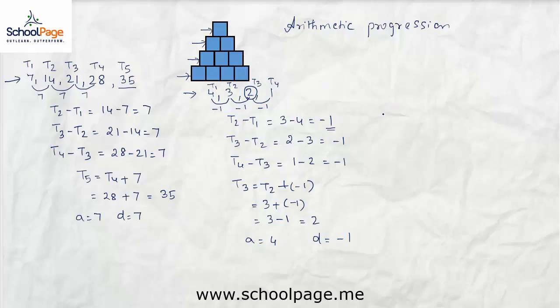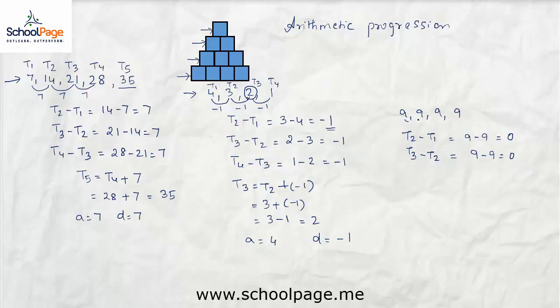Since we have understood how to find if a list of numbers is in arithmetic progression, let us look at this list of numbers: 9, 9, 9, 9. Let us see if it is in arithmetic progression. For this again we find T2 minus T1, which is equal to 9 minus 9 equal to 0, and then let us find T3 minus T2, which is equal to 9 minus 9 equal to 0.